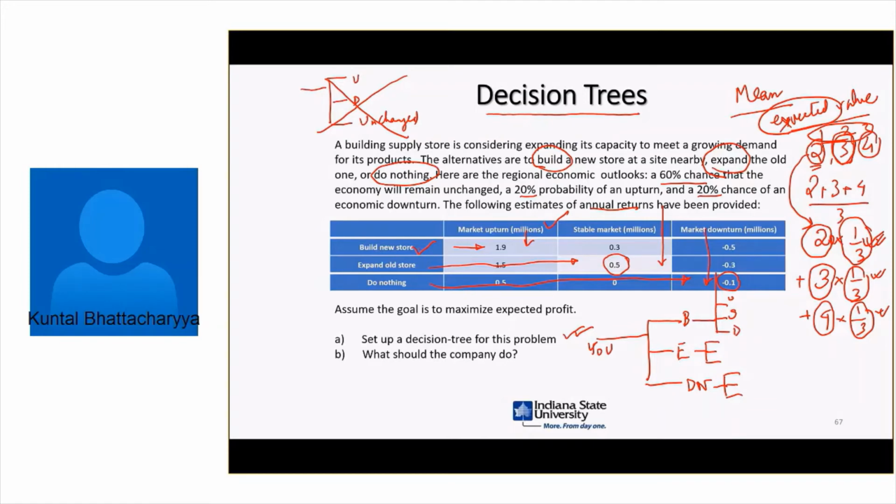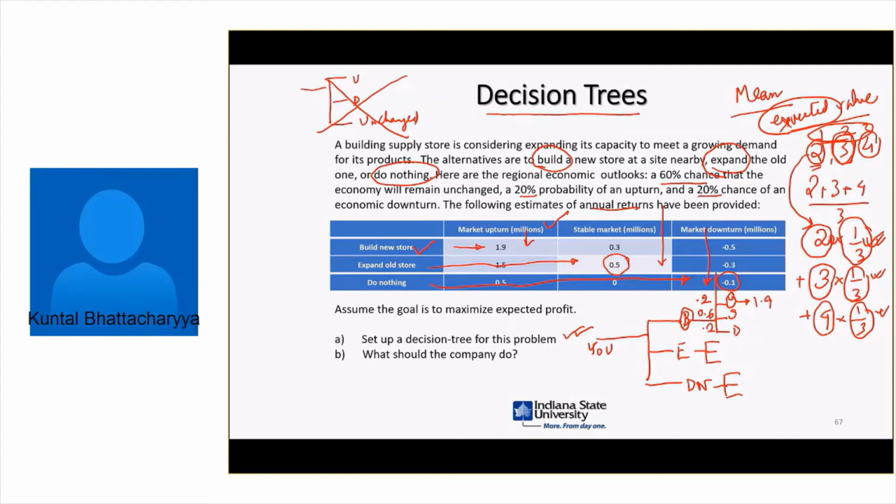The chance of an upturn is 0.2. The chance of a stable market is 0.6. And the remaining 0.2 is definitely the chance of a downturn. Now, if you are trying to build a new store and if the market is an upturn, what is your net outcome? 1.9 million.